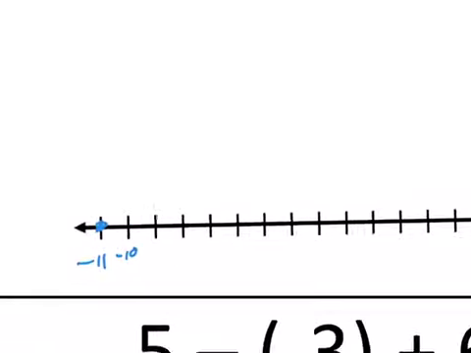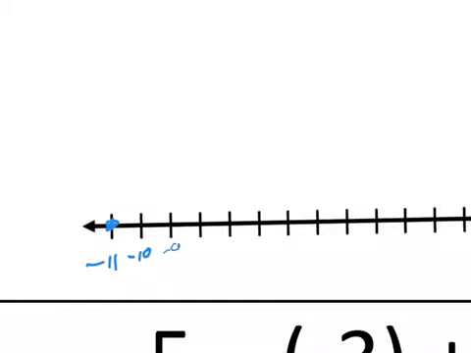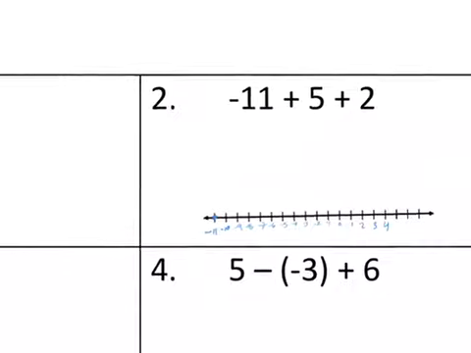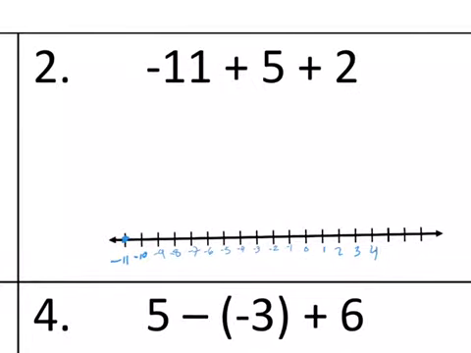Make this a little bit bigger. 10, 8, 7, 6, 5, 4, 3, 2, 1. Alright. 0, 1, 2, 3, 4. So that should get us going there.